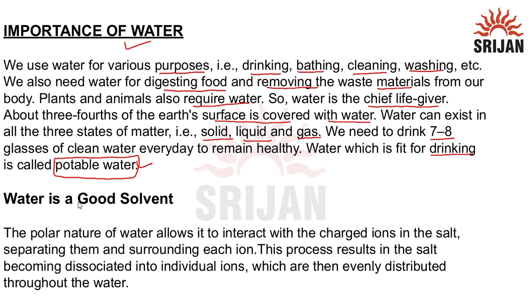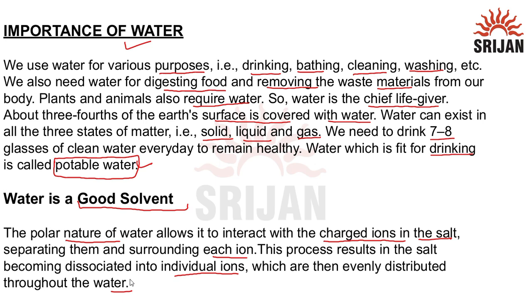Now, water is a good solvent. The polar nature of water allows it to interact with the charged ions in the salt, separating them and surrounding each ion. This process results in the salt becoming dissociated into individual ions which are then evenly distributed throughout the water.